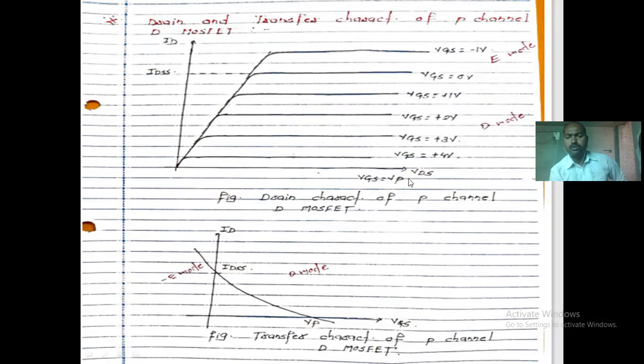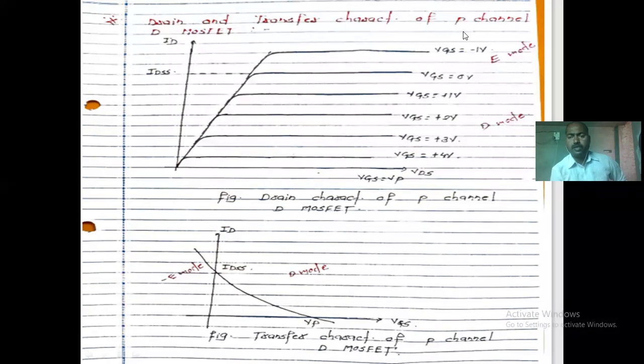When we increase the voltage from VGS equal to 0 to more positive, what happens? VGS equal to 0 is considered a positive voltage. At VGS equal to 0, more current flows through the device, called the IDSS current. Why more positive?